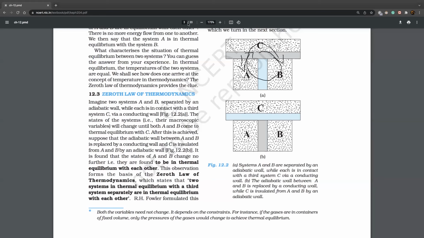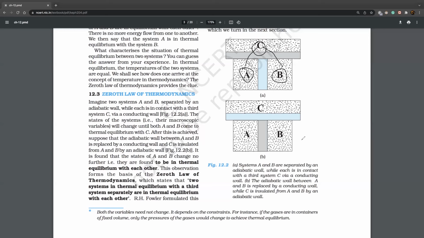Since C is in contact with both A and B, the state variables, the macroscopic variables of both of them, need to change such that both are in thermal equilibrium with C. And since both of them are in thermal equilibrium with C, they're also in thermal equilibrium with each other. I guess you can use a mathematical analogy of this.